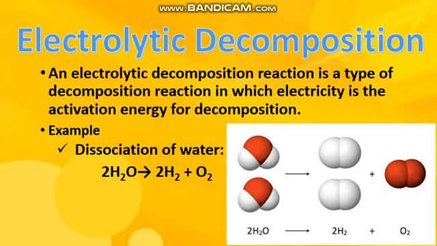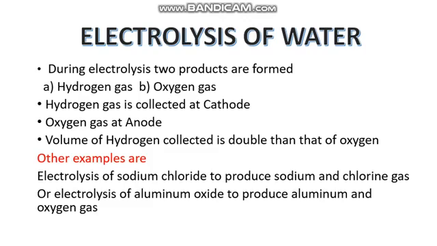Now when water dissociates, it breaks up into two hydrogen molecules and an oxygen molecule. As you can see in the diagram, 2H2O is breaking down into 2H2 plus O2.